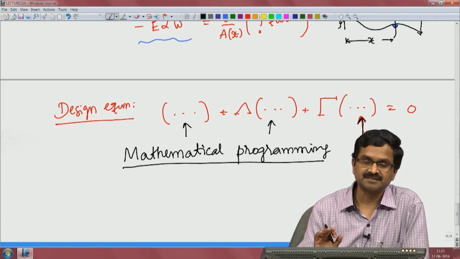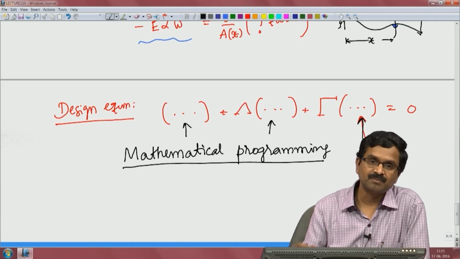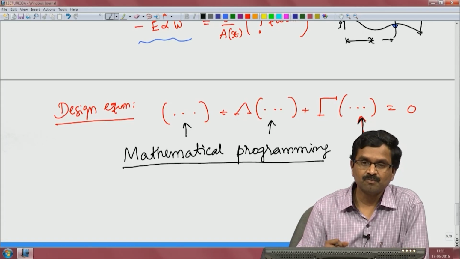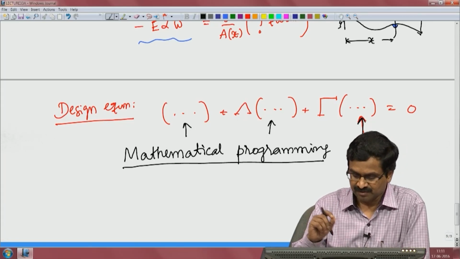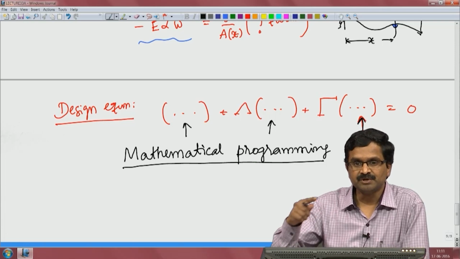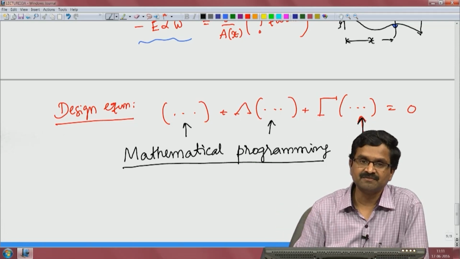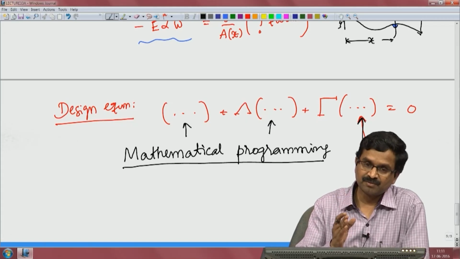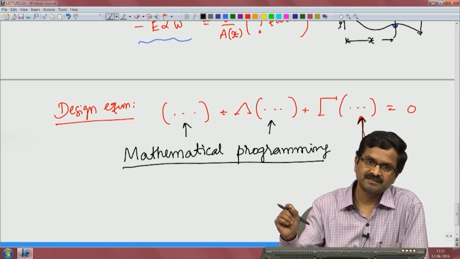When you have gradients, algorithms will be happy because they do not have to compute them using finite differences, which will be time consuming, because you have to perturb each variable one at a time and do repeated finite element analysis. If you have, let us say, 100 design variables, you have to perturb 100 times: delta A1, delta A2, delta A3 and so forth.